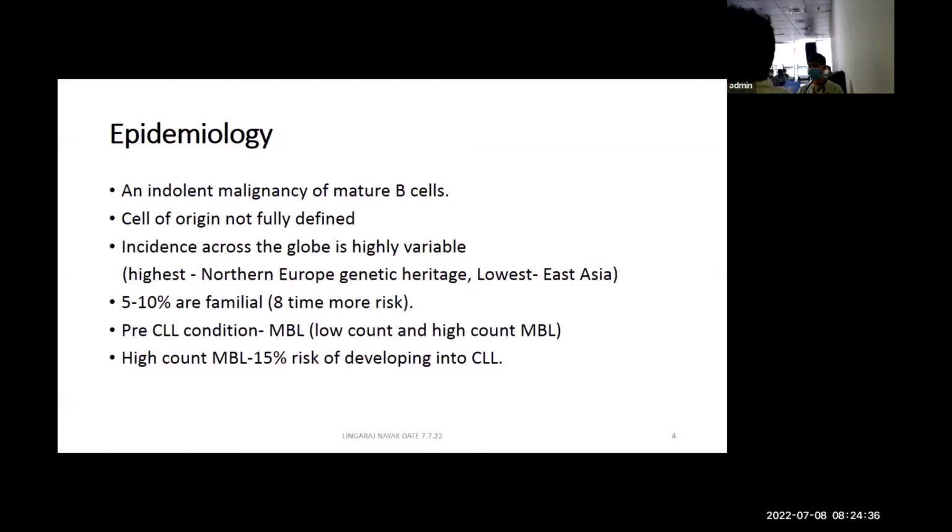Now, incidence across the globe is variable. CLL is mostly a disease of the Western world, mostly Northern Europe, where the incidence is highest, and the lowest is in East Asian countries.